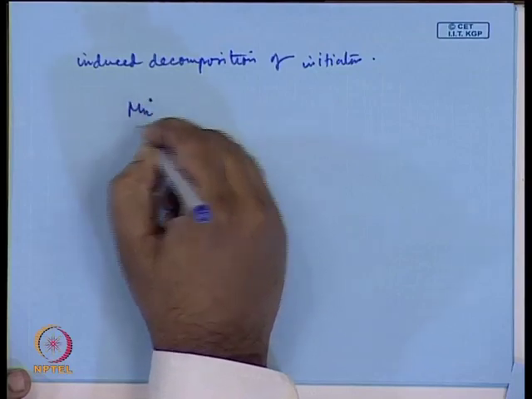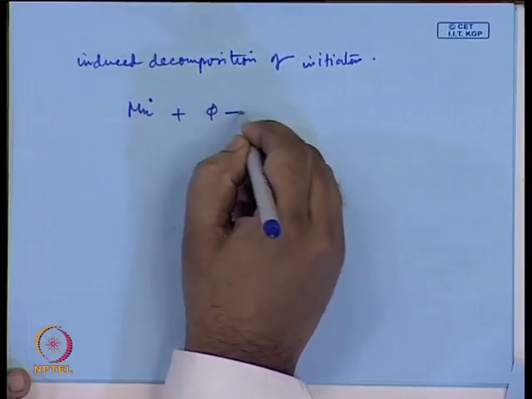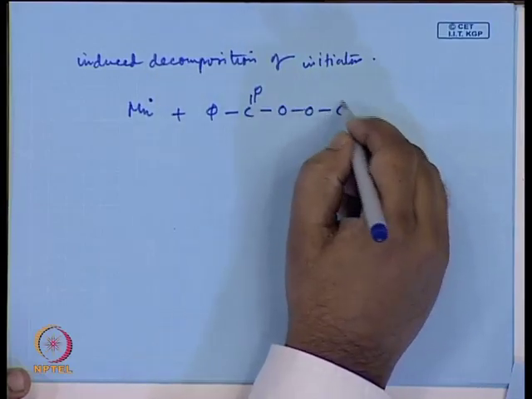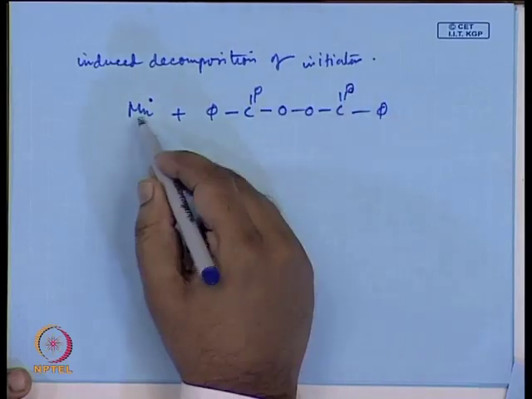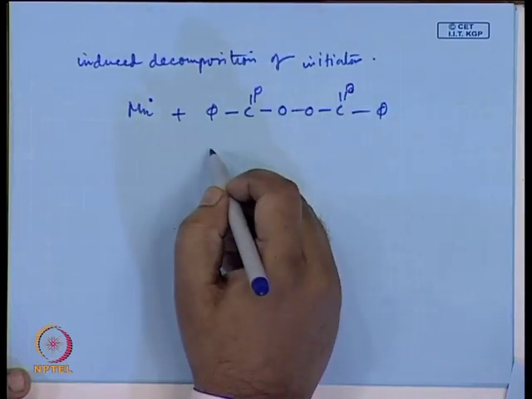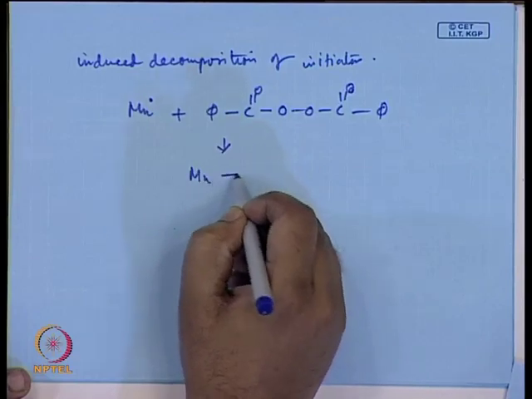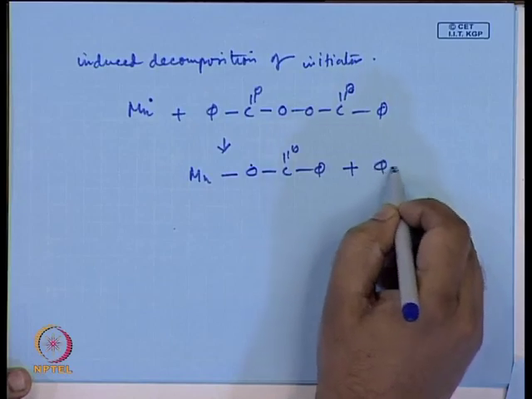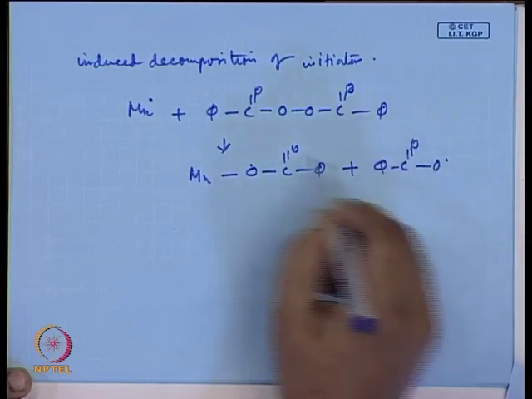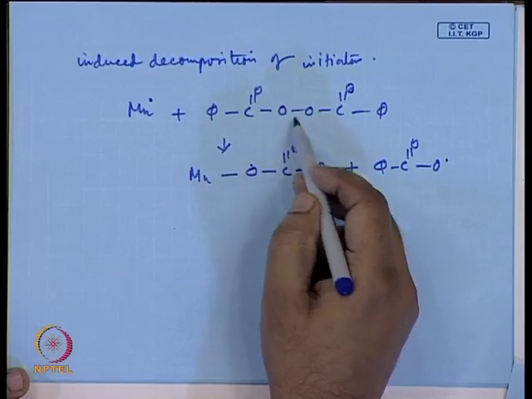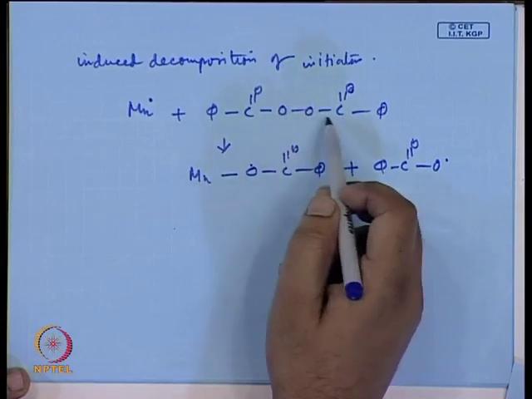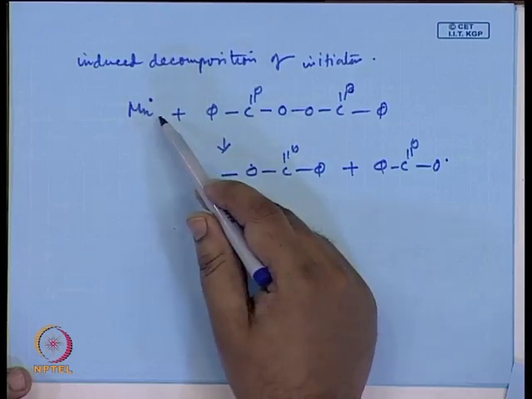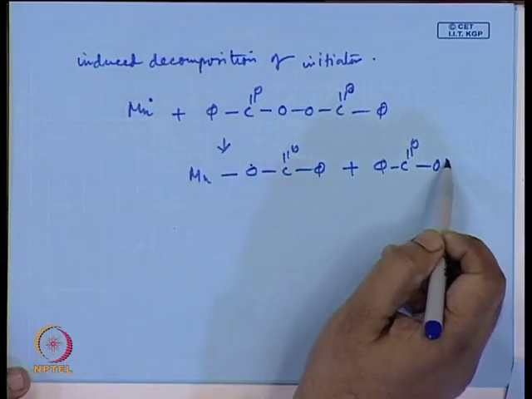If I have a propagating radical, and I give the example of benzoyl peroxide, the propagating radical can react with the initiator molecule and form another radical. Now, these molecules in the normal case were supposed to generate two radicals, but in this case, on reacting with a propagating chain, it is only producing one radical.